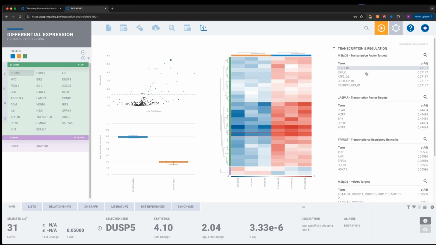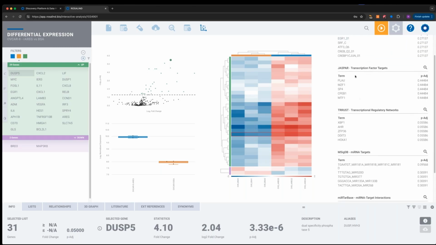To do that, we can go to databases such as TRUST or JASPAR. And potentially here, we're not quite at the significance level, but potentially the XBP1 transcription factor is regulating some of these significant genes.